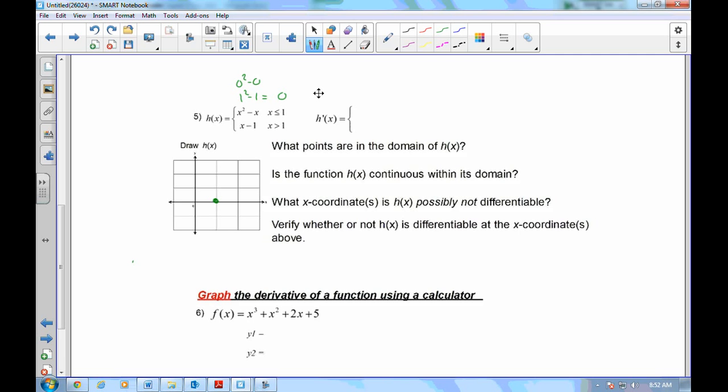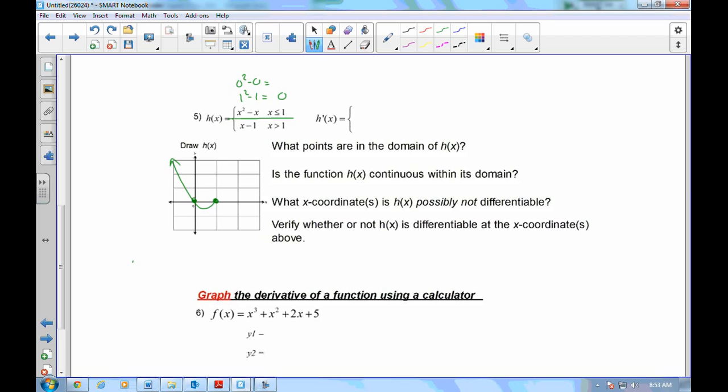Zero squared minus 0 is just, that's interesting. Less than or equal to. Okay, and it's concave up, so my graph's going to be going like this.